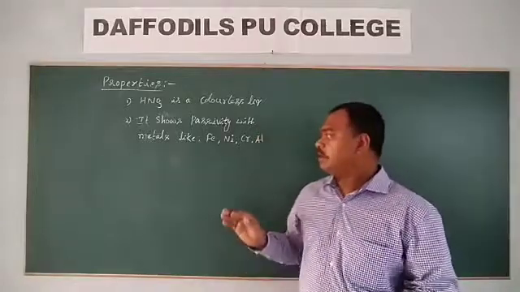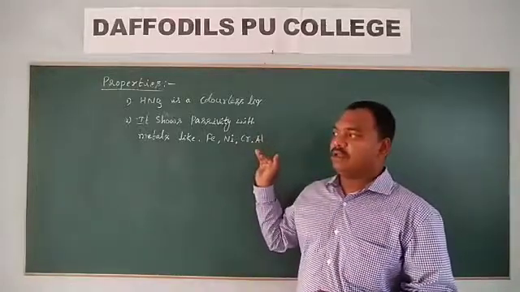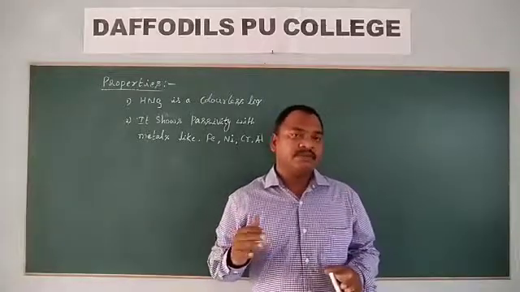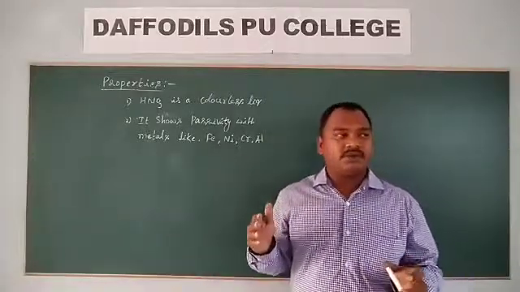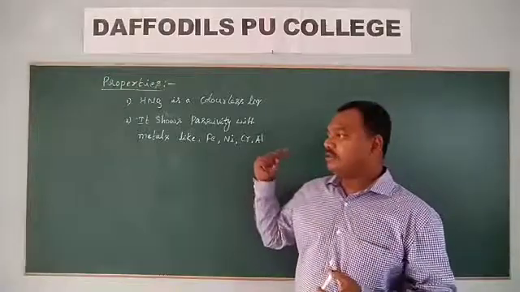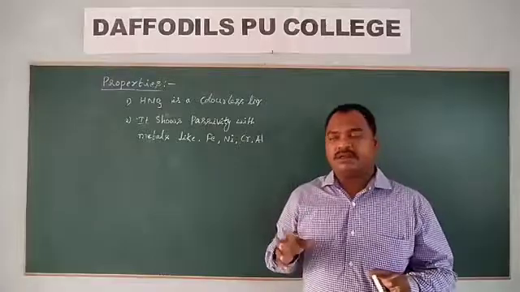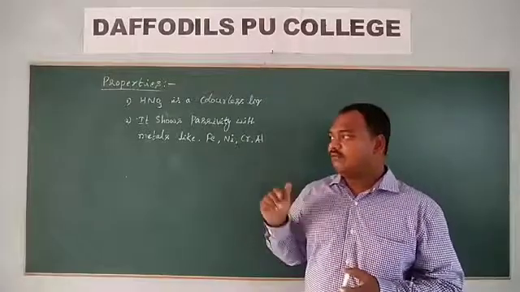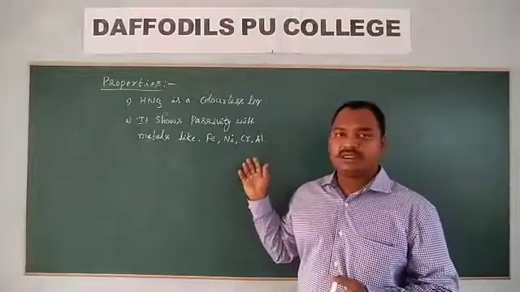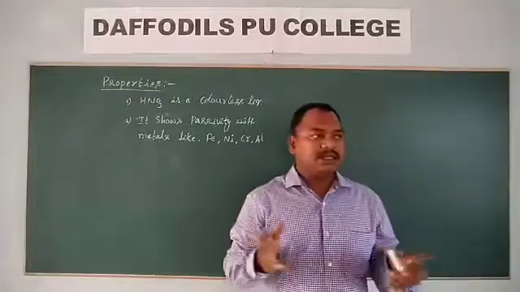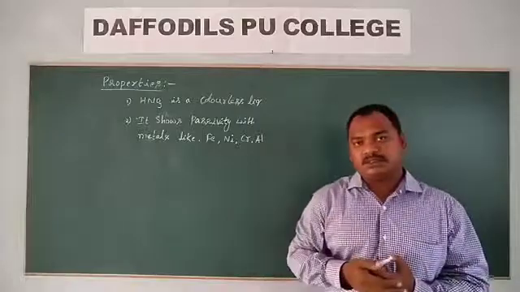For example, aluminum when placed in air shows passivity. When we bring aluminum vessels from shops, they appear shining, with a luster. After 4-5 days of using this aluminum, what happens? The luster will disappear.